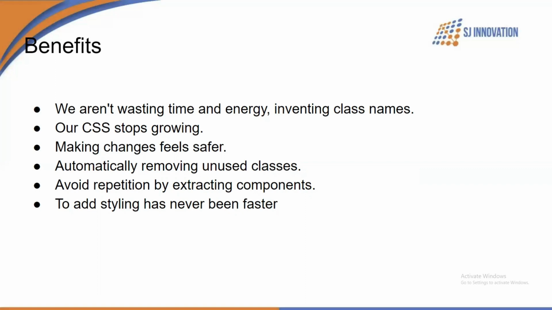In that way it makes changes much safer, because in CSS, whenever we change any class that we are using in our HTML, it will affect everything wherever we are using that class. So in this sense it feels much safer.